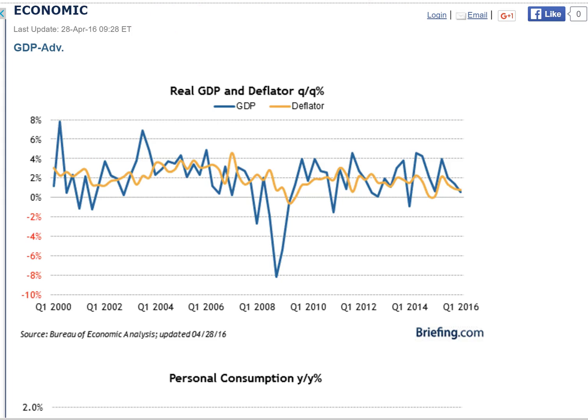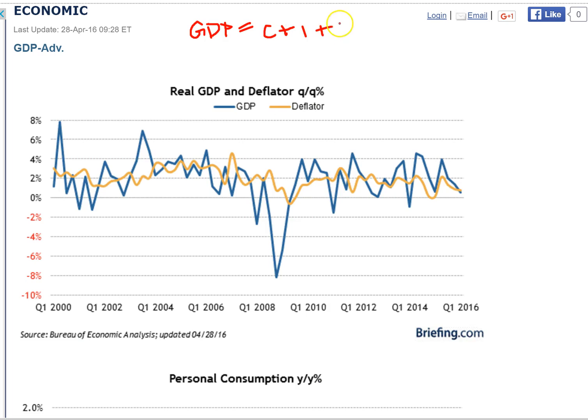Now, again, let's do a little recap. GDP equals C plus I plus G plus NX.